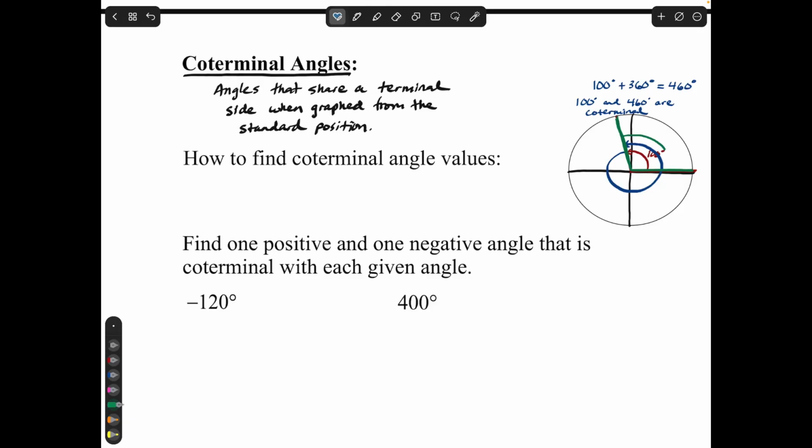I've gone 360 degrees again, but I've gone in the negative direction. So if I was at 100 degrees, but I went 360 degrees backwards, I would take away 360 degrees. And then what is 100 minus 360 degrees?